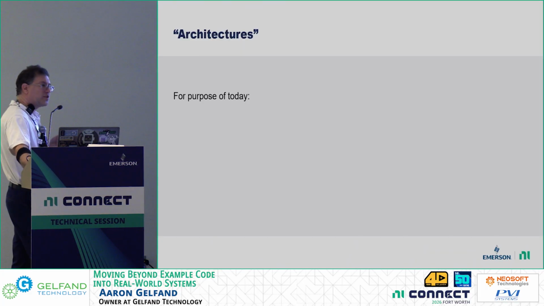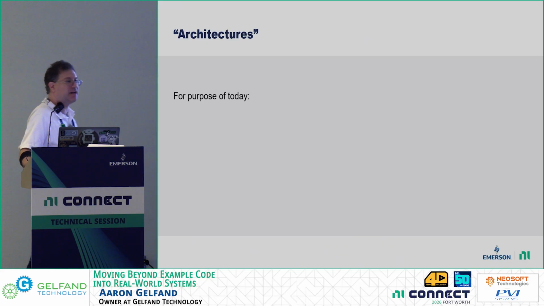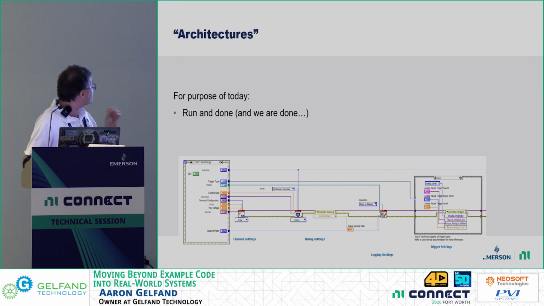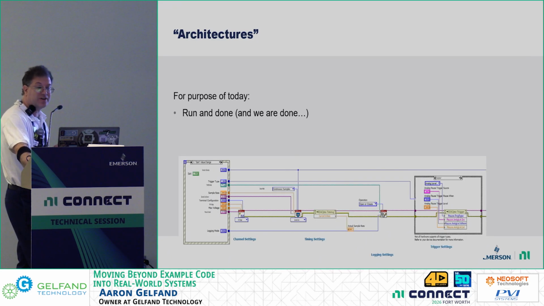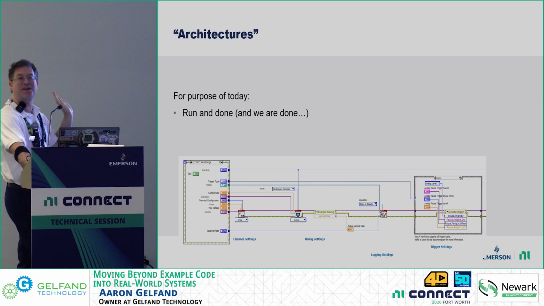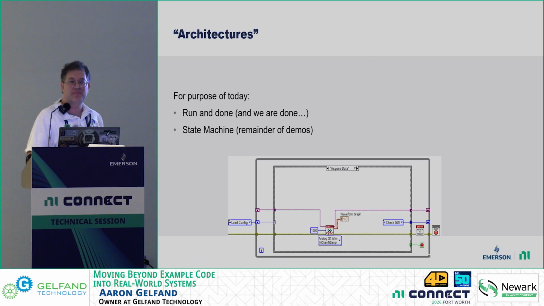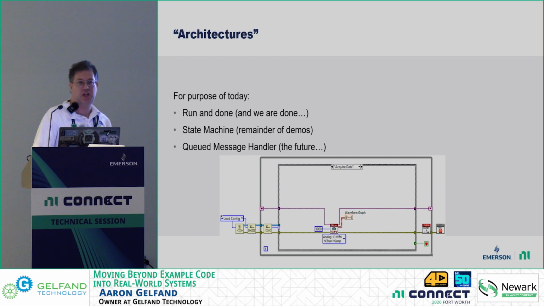So when I talk about architectures for today, we're taking a very simplified approach of talking about architectures. Again, as I mentioned earlier, this is sort of a beginner level course. So for purposes of today, we're going to talk about 3 variations: run and done, which is what we've just seen, and we are done talking about run and done; state machine, which is going to be the remainder of the demos; and queued message handlers.